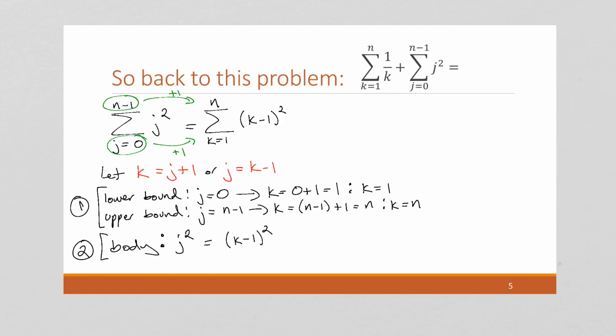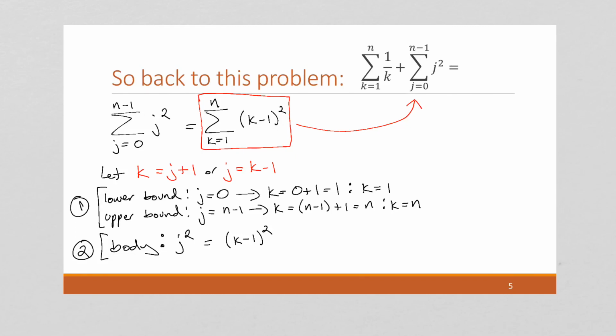So to balance things out, our body should subtract 1, which is exactly what we do. Okay, so now we have this rewritten summation with a change of variable that we can use to plug back into our original problem to solve it.